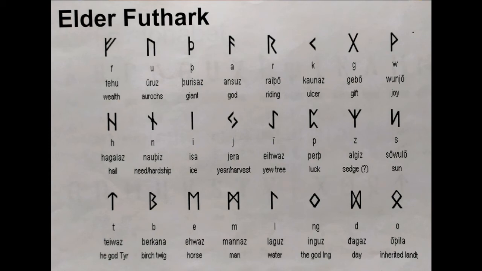Some letters were used to denote two or three phonemes, like Giba was used to denote G, N, and H. Dags was used to denote D and so on. And one letter had no phonetic value. It only denoted a number, 90.